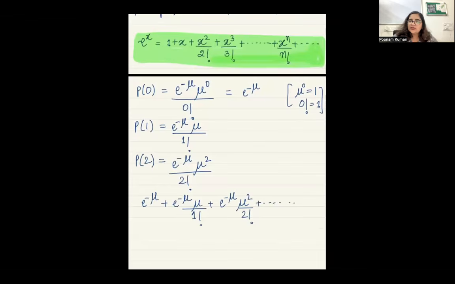Can I take that common? इसको common ले सकते हैं, right? So I'll just take e power minus mu common. What do I get? 1 plus mu divided by 1 factorial plus mu squared divided by 2 factorial plus it'll be mu cubed divided by 3 factorial.